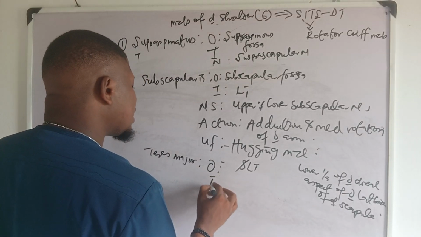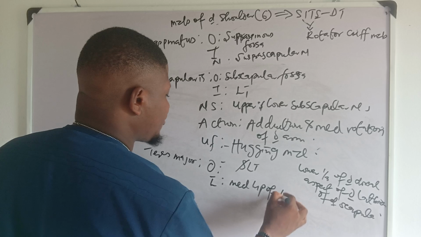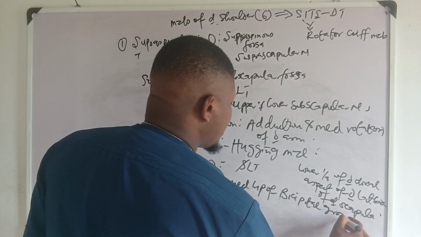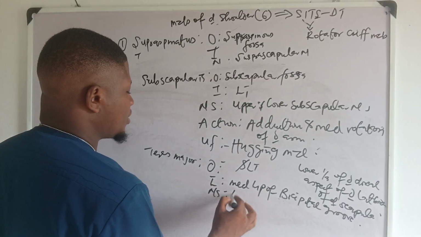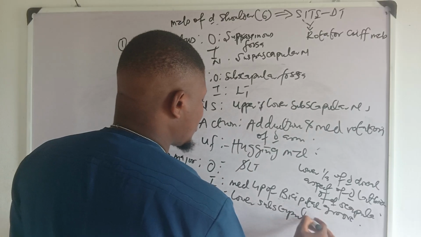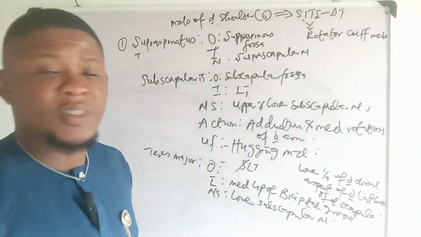So that is the origin. You already know the insertion is the medial lip of the bicipital groove. Then nerve supply is the lower subscapular nerve.